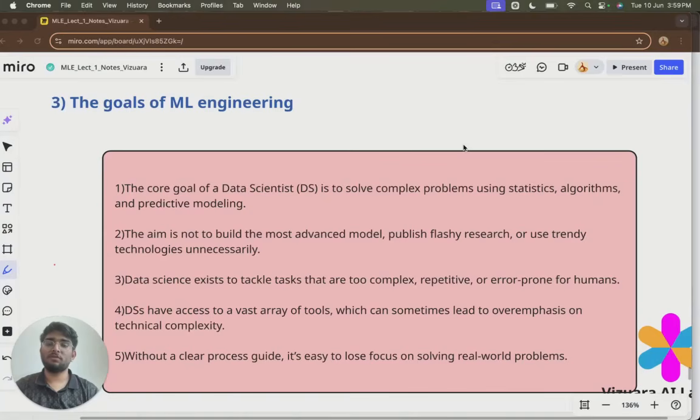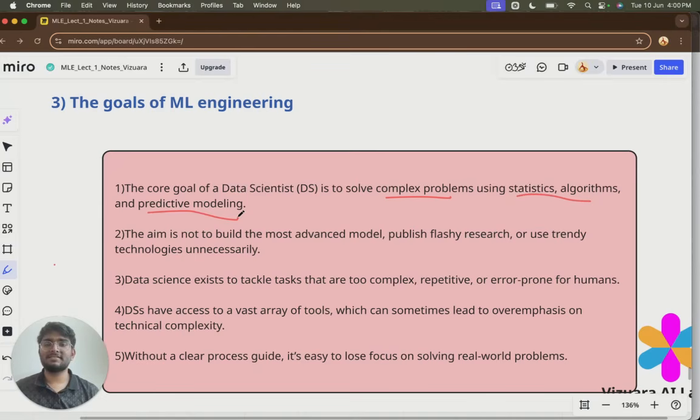Since we have observed the major elements in machine learning engineering, now let's look at the goals of machine learning engineering. The core goal of data scientists is to solve a complex problem using statistics, algorithms, and predictive modeling. The aim is not to build fancy looking systems that won't have a good real life impact. Rather, we have to build systems which are scalable, profitable, and easy to use.